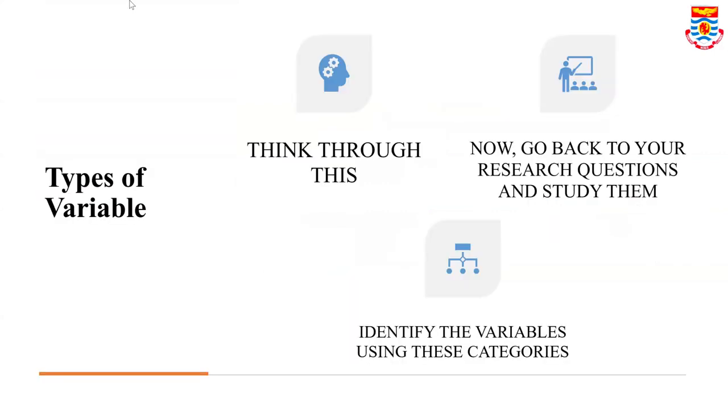So our last activity for today is this one. Now we go back to the research questions you saw and you study them once again. When you finish studying them, identify the variables using these categories.